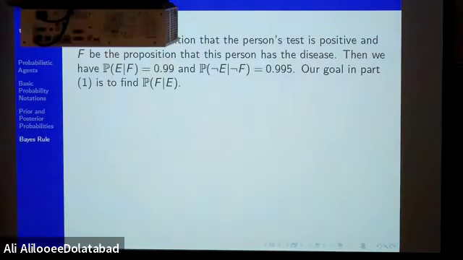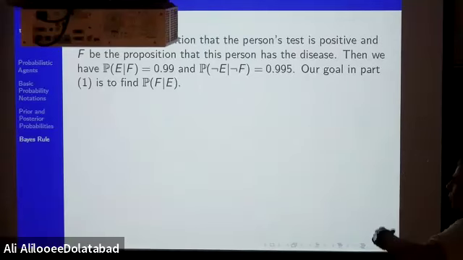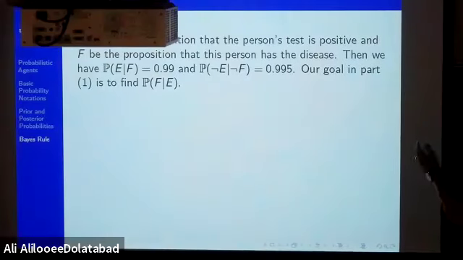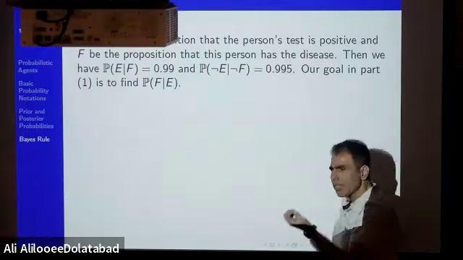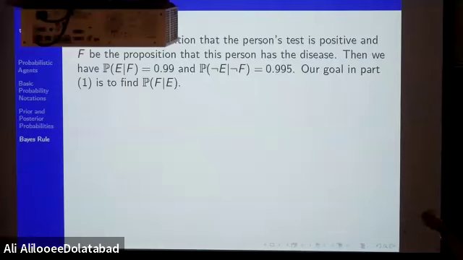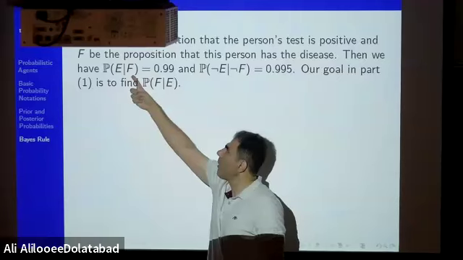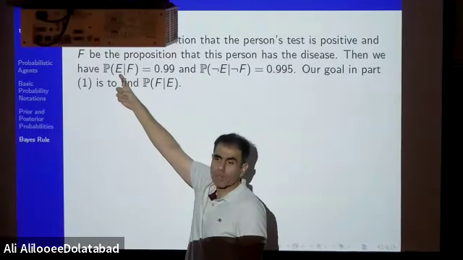Let me explain. We will use some notations. Let E be the proposition that the person's test is positive, and F be the proposition that this person has the disease. What is the sensitivity? If the person has the disease, the test comes positive.